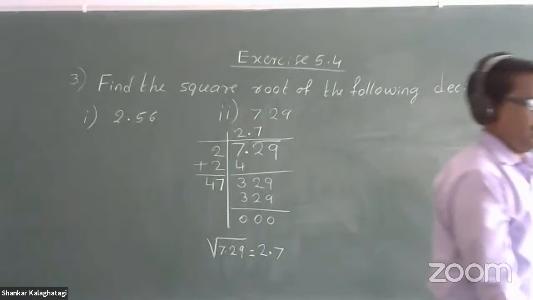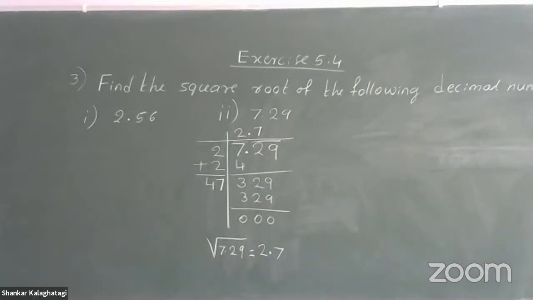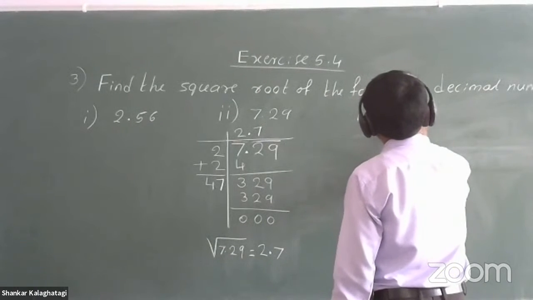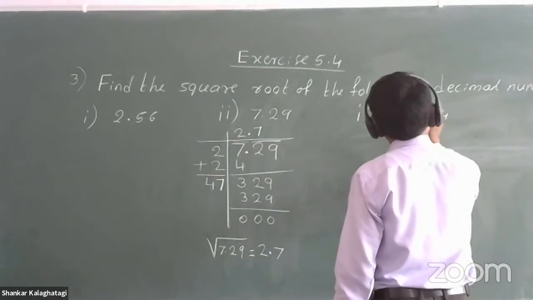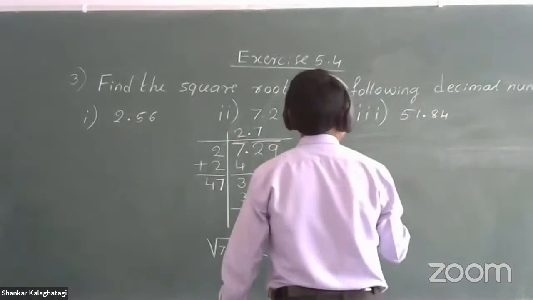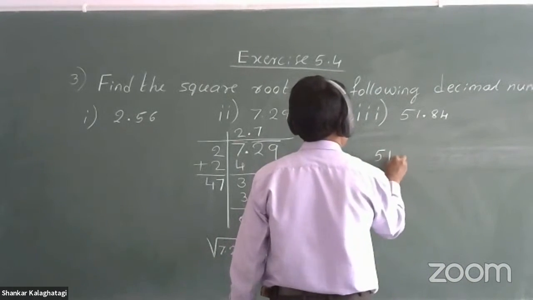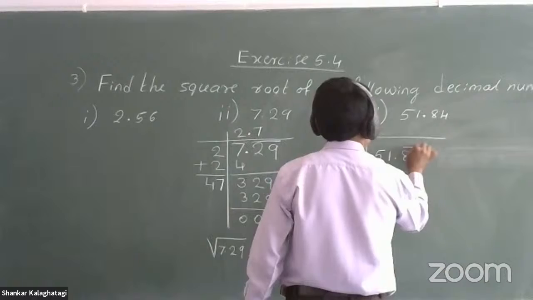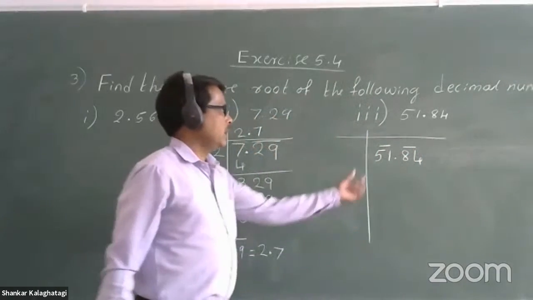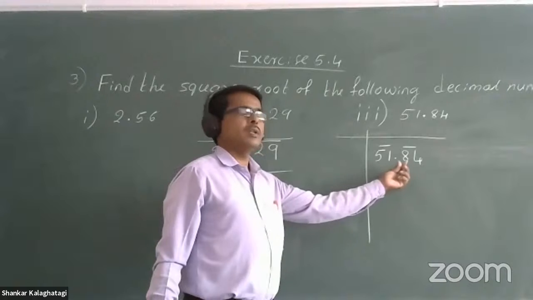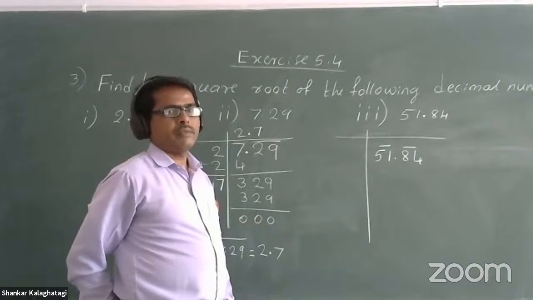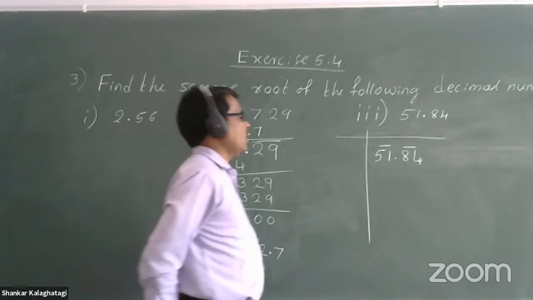You understood very clearly? Next one, 51.84. Sir, 7.2 is the answer. Okay, I'll see. 51.84. Follow the same method. Make groups here. The integer part gives one group, the decimal part also is one group. Now 6 6s are 36. 7 7s are 49. 8 8s are 64 is more.